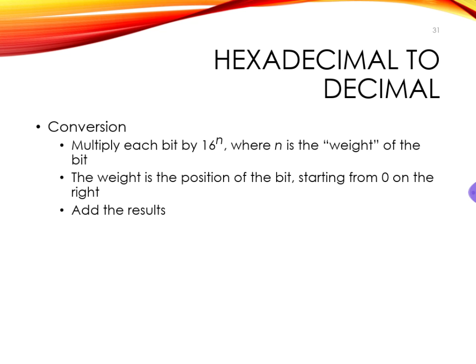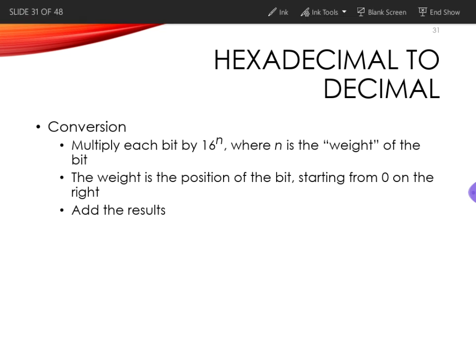So if you're trying to convert hexadecimal to decimal, what we have to do is that we multiply each digit by 16 to the power n, where n is the weight of that bit, which is basically the position number, which starts from 0 on the right and increases towards the left.